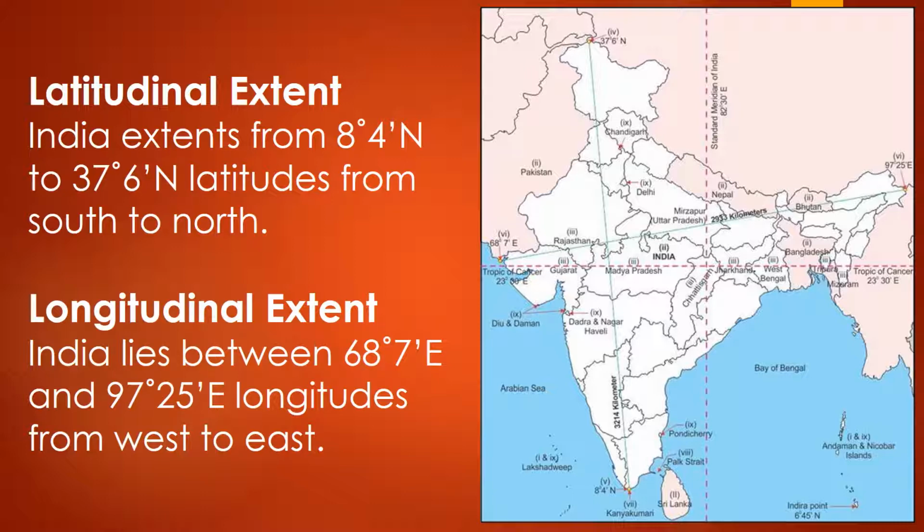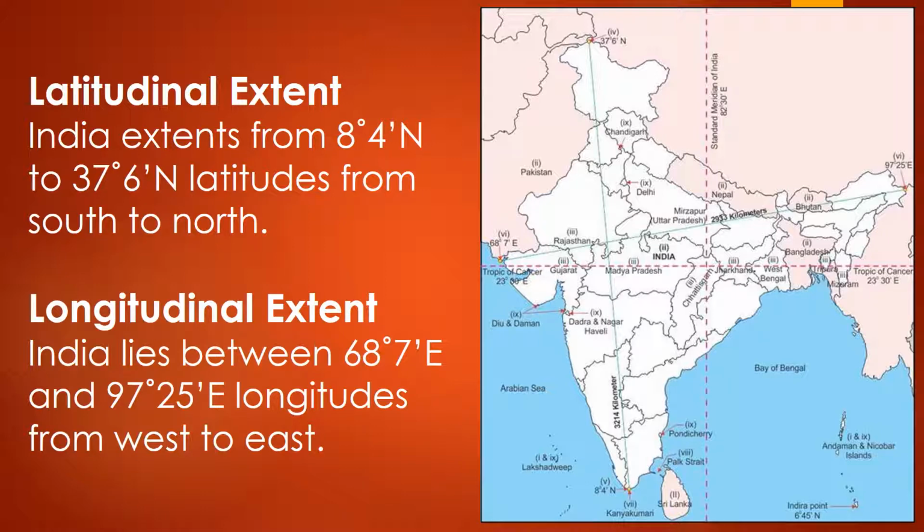It passes west of Mirzapur near Allahabad in UP. It passes through many states: Uttar Pradesh, Madhya Pradesh, Chhattisgarh, Orissa and Andhra Pradesh. The east to west extent of India is about 2,933 kilometers.